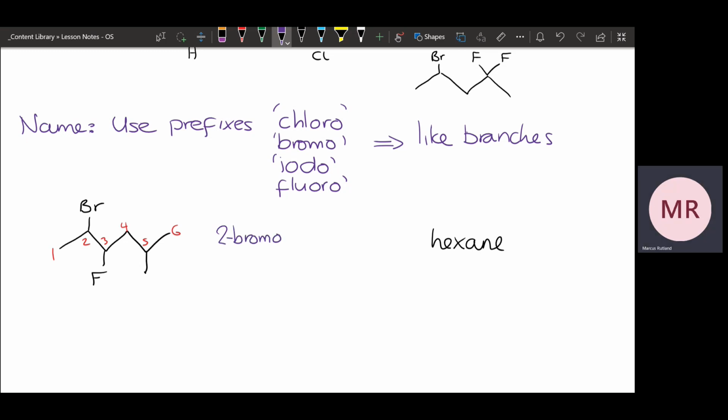So 2-bromo, because you've got a bromine on carbon 2, 3-fluoro, missing the O, try again, fluoro, and then 5-methylhexane. Okay, so the rules you've learned about naming branches in front of names, you just mix in the halogens with that. So they're just treated like more branches. You add them into the alphabetical ordering.